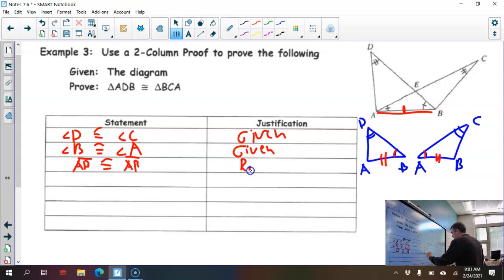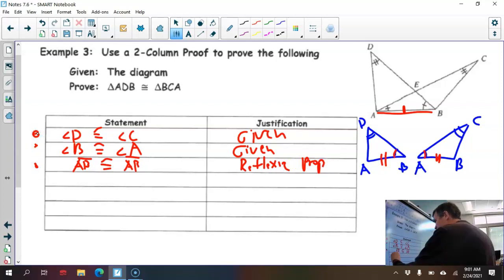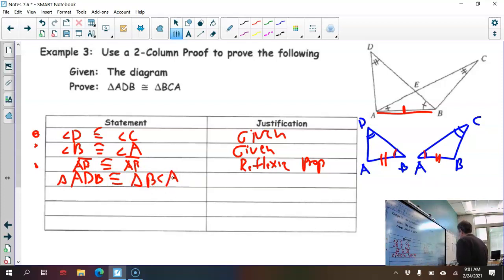Everything is congruent to itself. That's the reflexive property. And so here's my three statements. I have three parts equal to three parts. So I know the triangle ADB is congruent to triangle BCA. And let's get this right. Angle, angle, side. The angle, angle, side congruence theorem.